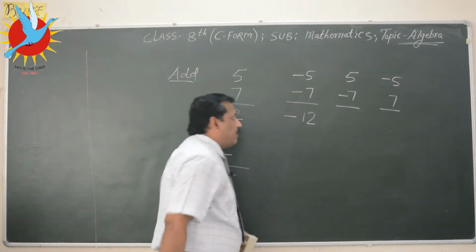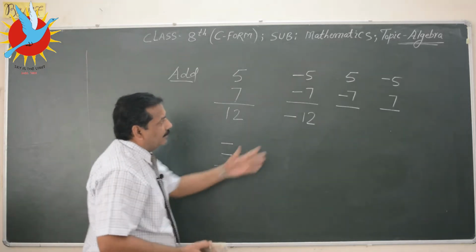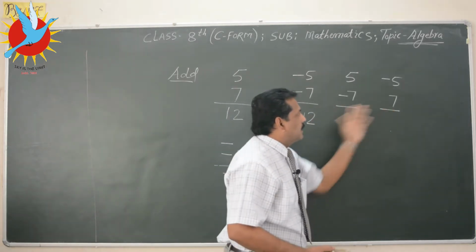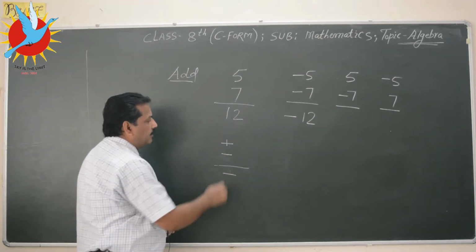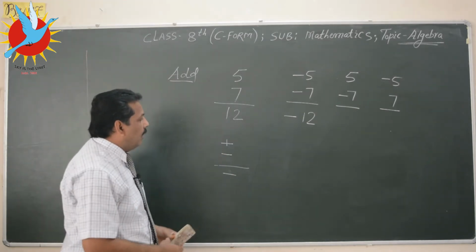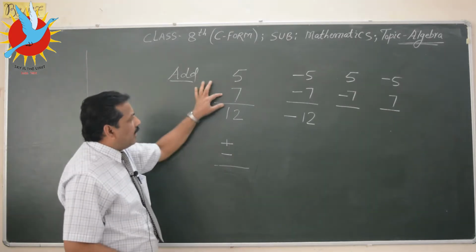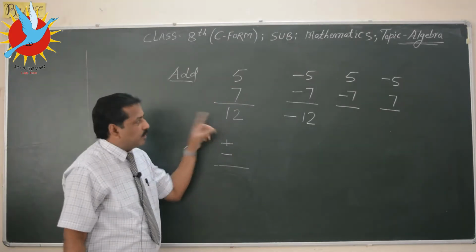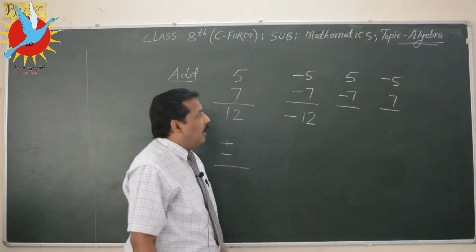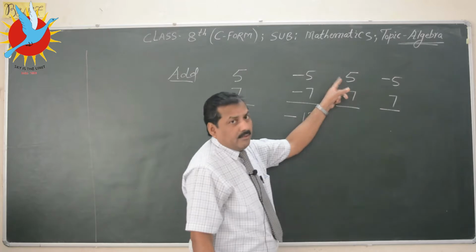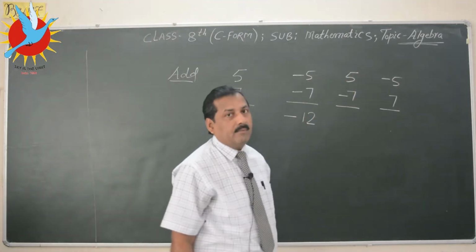Okay, up to this point it is okay. Now what about these two examples? Suppose one is positive and the other is negative. Here what sign should be there? Here both are positive, therefore the sign is positive. Both are negative, therefore the sign is negative. Here it is plus 5, and this is minus 7.